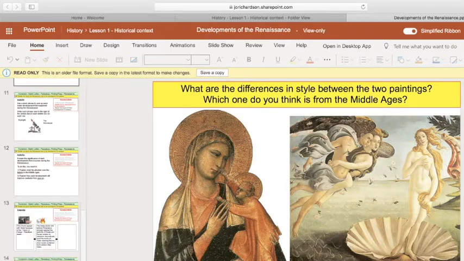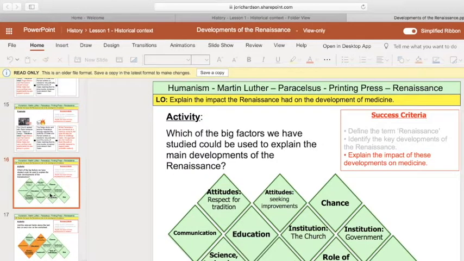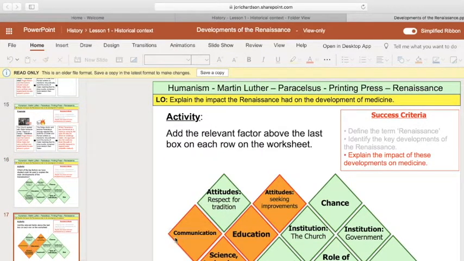But just to finish our lesson off, I want us to think about, in the Renaissance period, what factors do we think have already shown as maybe a factor of development in the Renaissance? And we should be able to pick out, just from doing that activity and the images that we see, like I said before, an improvement in communication.